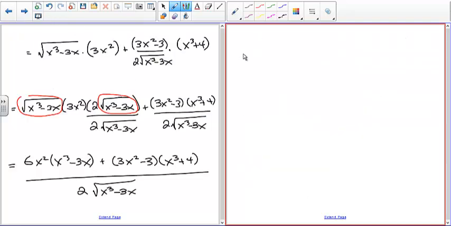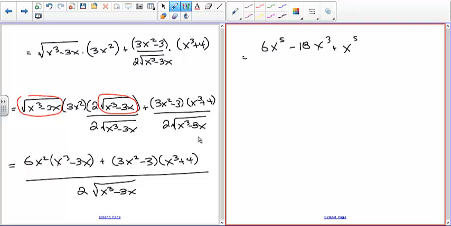And then the numerator, we just need to multiply everything out and combine like terms. So here we're going to have 6x squared times x cubed, so that'll be 6x to the 5th. 6x squared times negative 3x is negative 18x cubed. Then we use FOIL, so we're going to have 3x squared times x cubed, so that's plus x to the 5th.